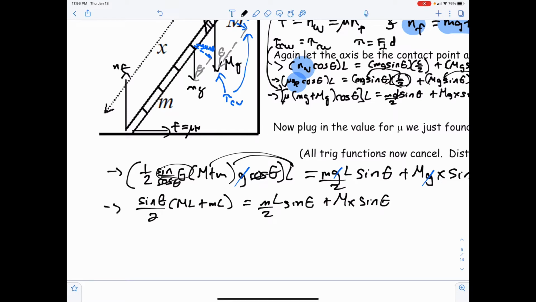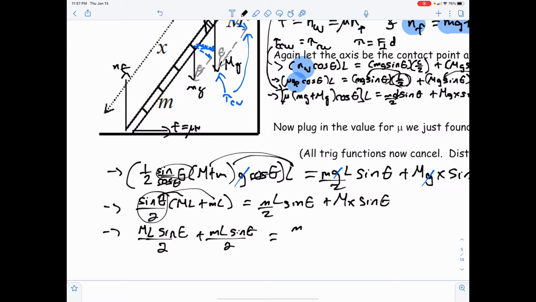Getting closer. We're trying to solve for x now. That's the point. Go ahead and distribute this, and what we get is big ML sine theta over 2 plus little mL sine theta over 2 equals little mL over 2 sine theta plus Mx sine theta.